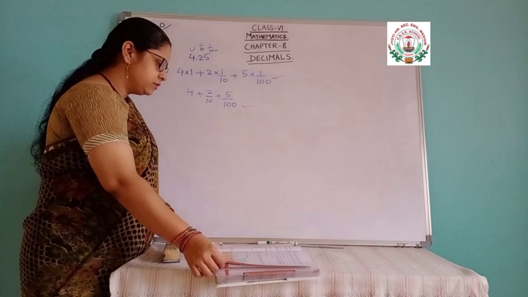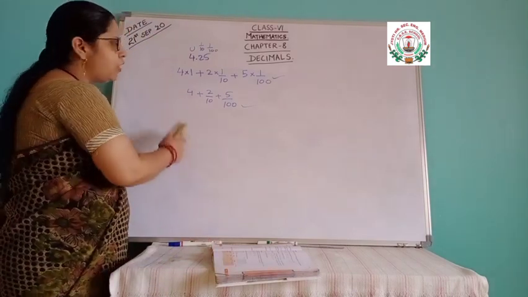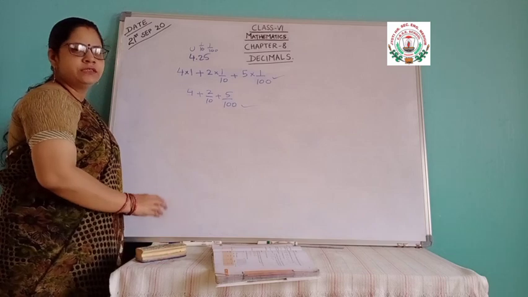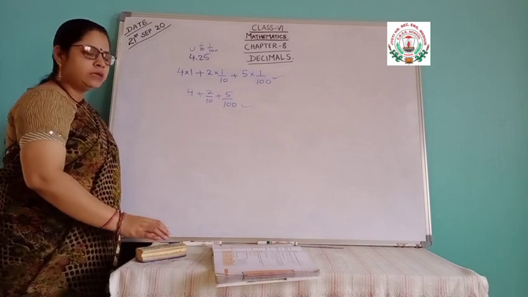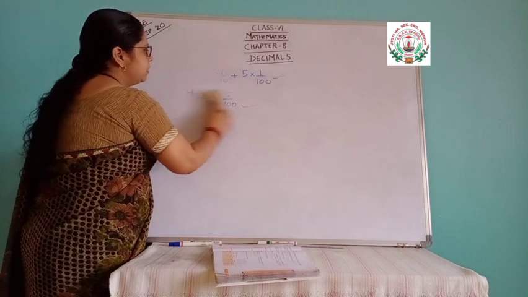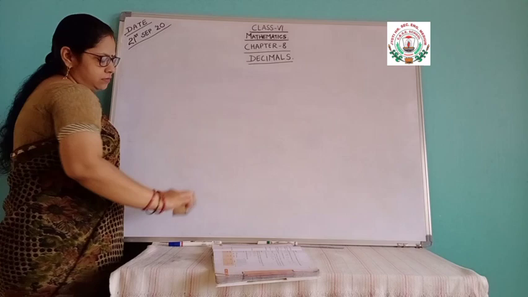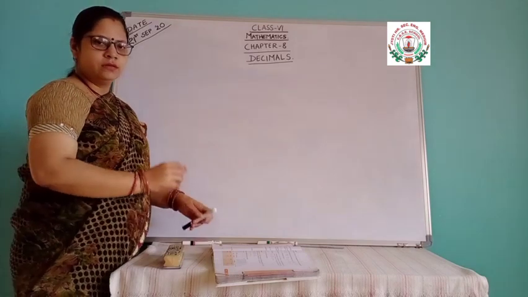Now, how will you represent these decimal numbers on the number line? Number line you know. 0 is in the center.